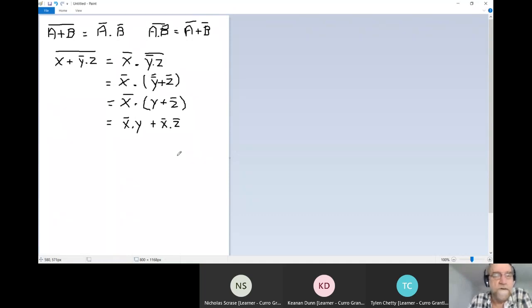I've just expanded out the brackets here. I'm sure you've done that a million times in mathematics. So you could have left your answer in this format, which would have been fine, or you could have simplified it down to this. It really makes no difference, whichever way you go.